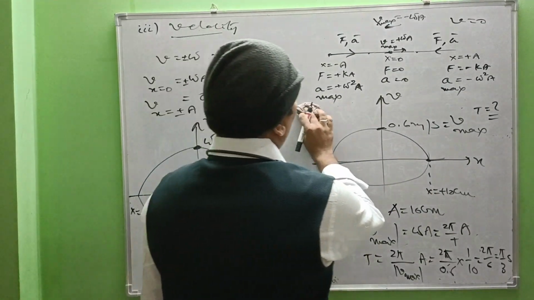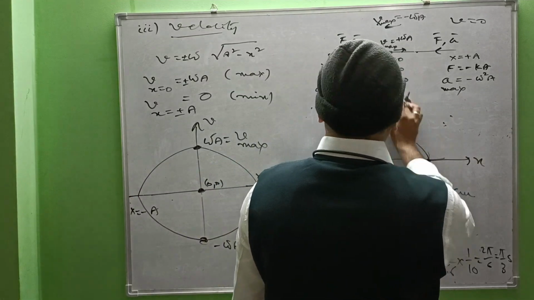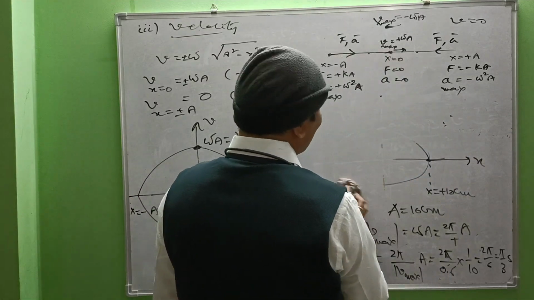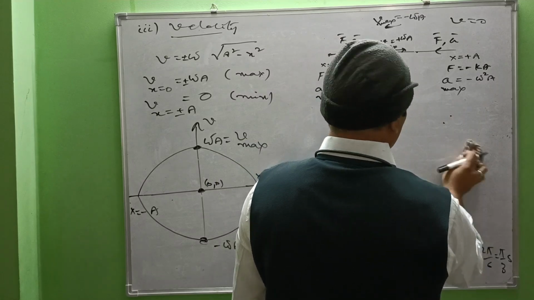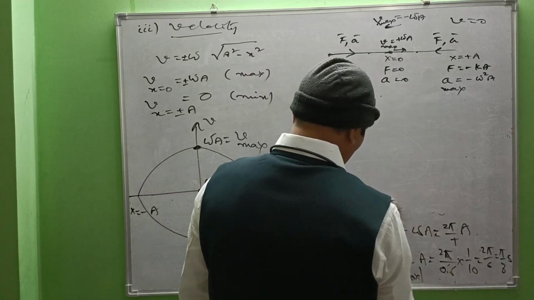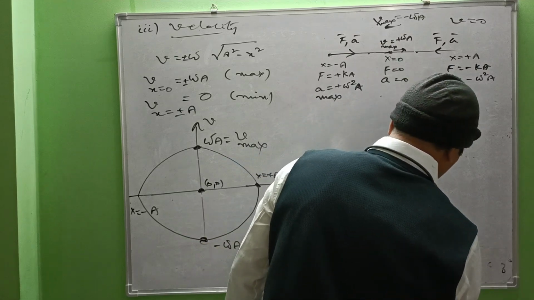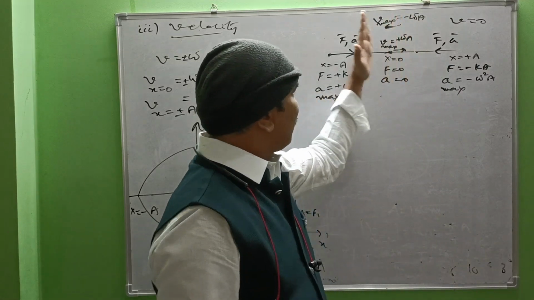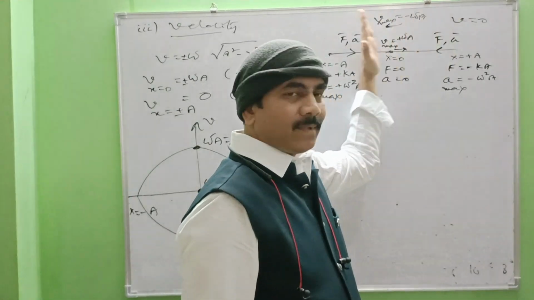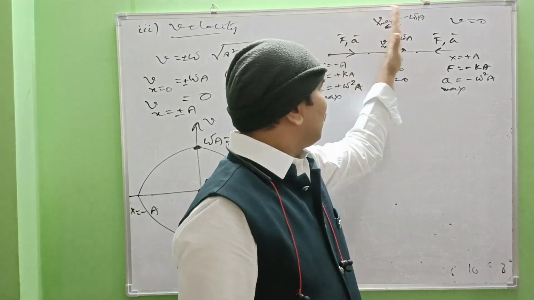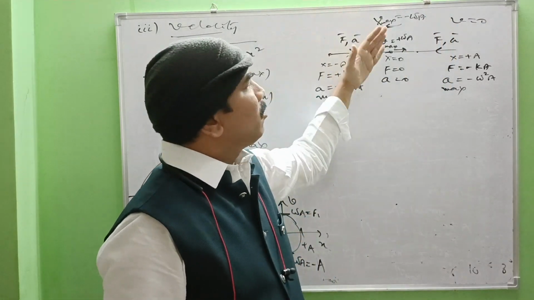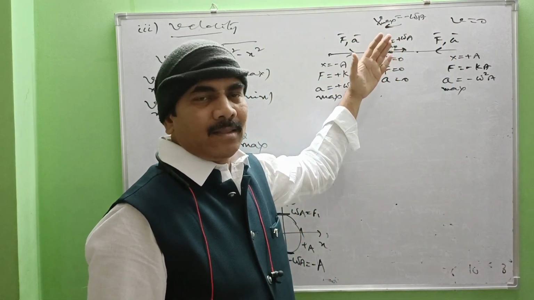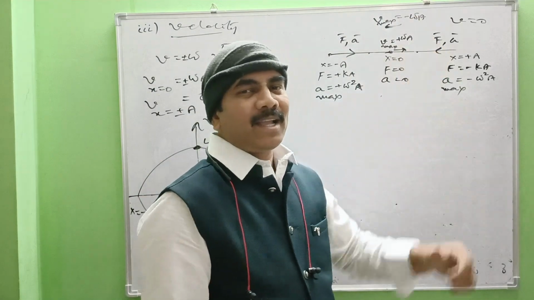Now, next point: different mathematical forms of a simple harmonically moving particle. Suppose during the oscillation of the particle, how do we represent the motion of that particle mathematically?